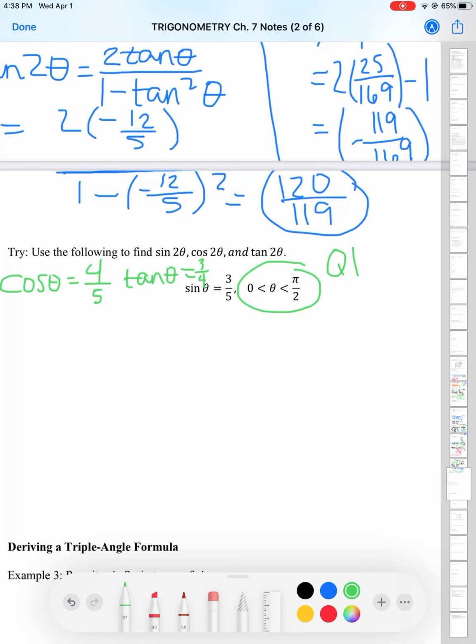The formulas we're going to use are going to look identical to the ones we used in the previous example. So sine 2 theta is equal to 2 sine theta cosine theta. So 2 times sine theta, which is 3/5, times cosine theta, which is 4/5, which gives us 24/25.